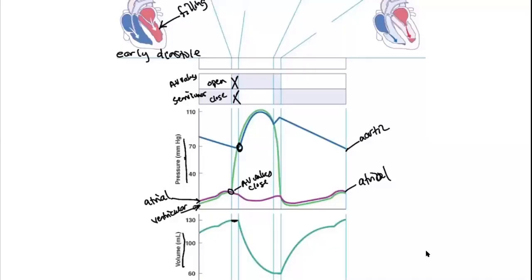There we go. Atrial, and then the green here is, right, so those are the pressures. And so here is where semilunar valves are going to be open, and here's where the AV valves are going to be closed.